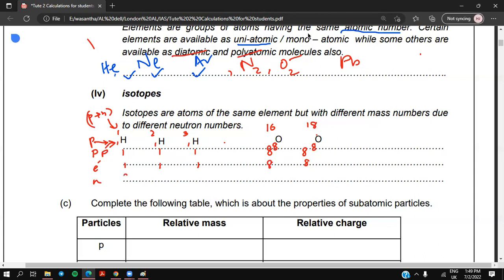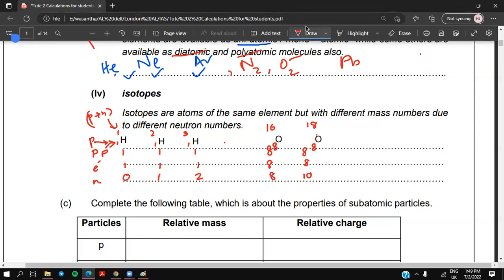Here, 0 neutrons are there. Here, neutrons 1. Here, neutrons 2. For oxygen, neutron number 8. Here, neutron number 10. Those are the differences.